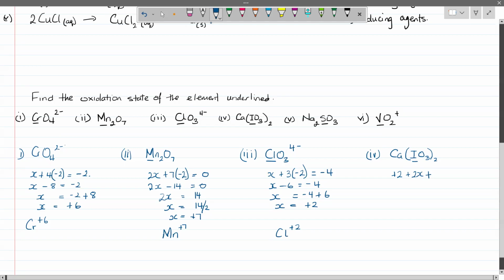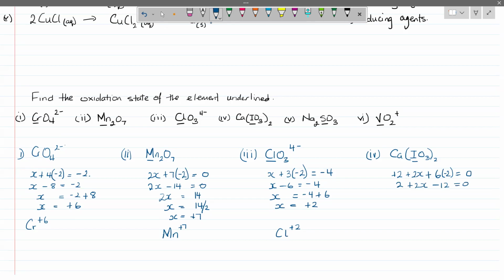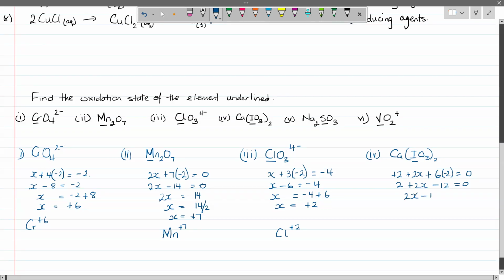There's 3 by 2, that's 6 of them. Now the overall oxidation number charge on this is 0, so we put it equal to 0. And then we're going to work it out. So we have 2 plus 2x, 6 by -2 is -12, is equal to 0. 2x minus 10 is equal to 0. 2x is equal to +10. X would be equal to 10 over 2. X is equal to +5.